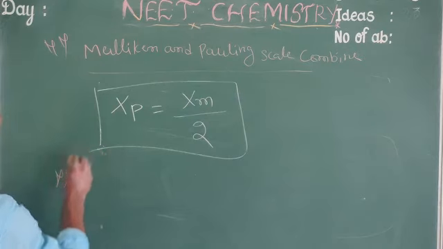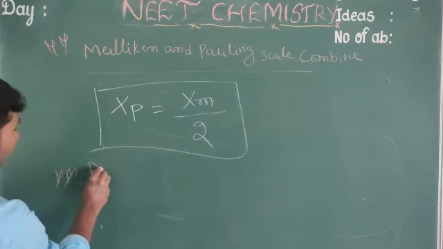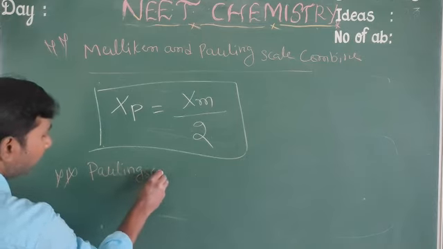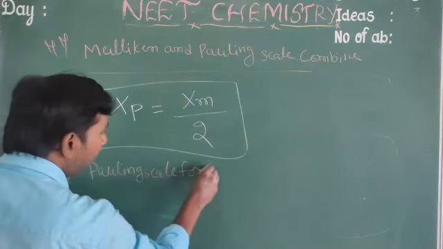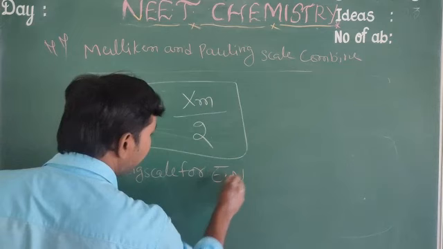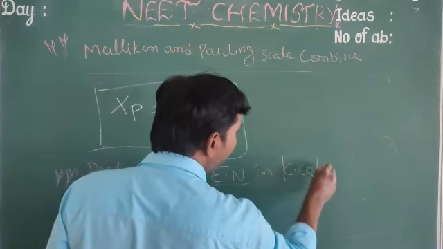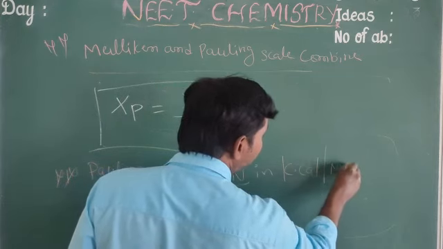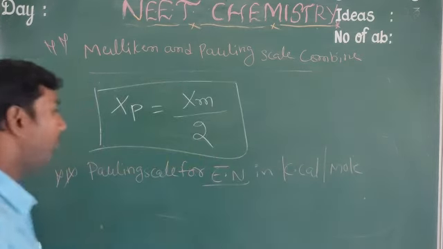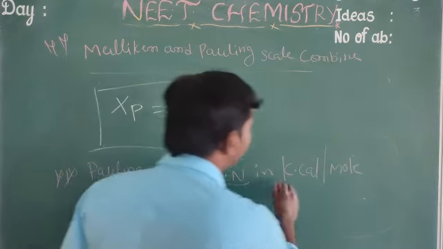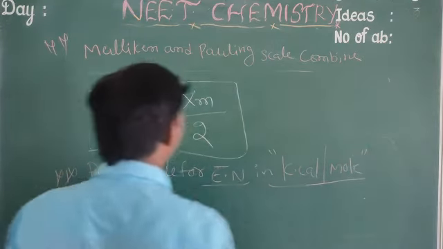Next formula: the Pauling scale for electronegativity in kilocalories per mole.